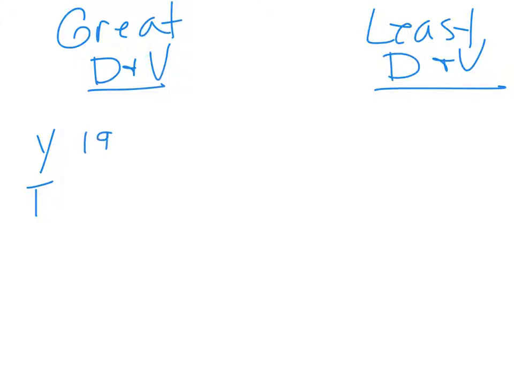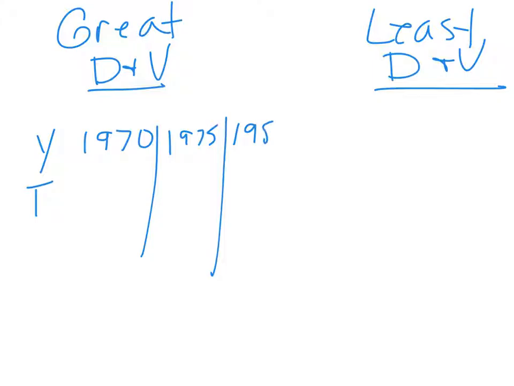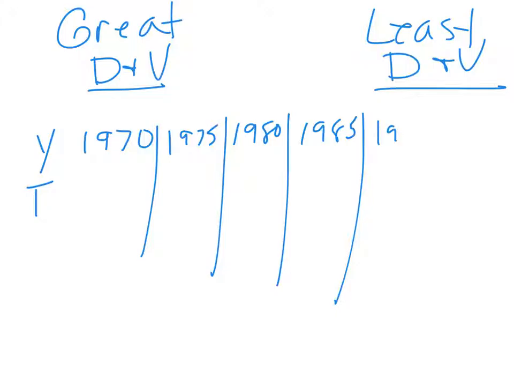So let's say we have 1970, 1975, 1985, 1990, 1995, and I'll just do 2000 there.